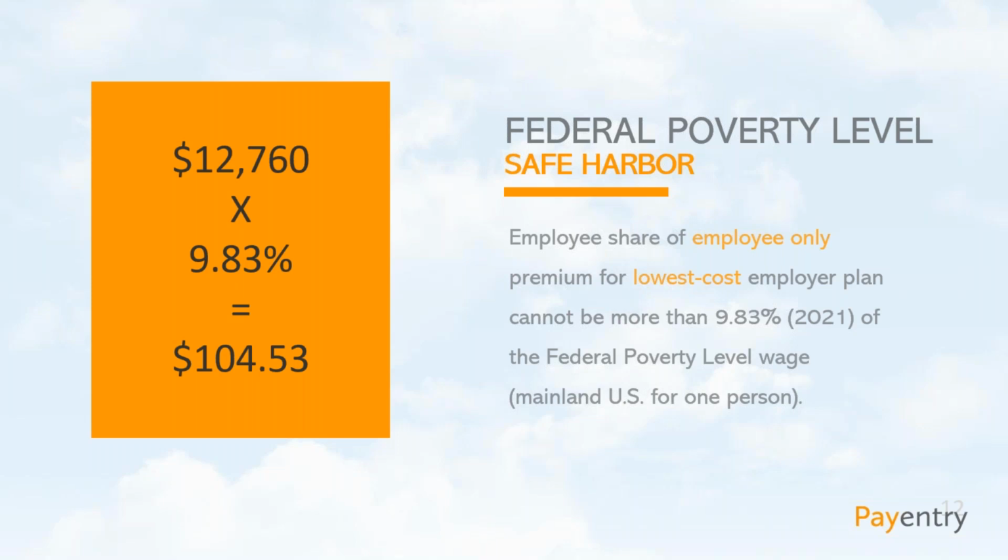The IRS is looking at what you would charge someone for employee-only coverage on a monthly basis. So if your premium on a monthly basis for an employee would be less than or equal to $104.53, you can claim to use this safe harbor.